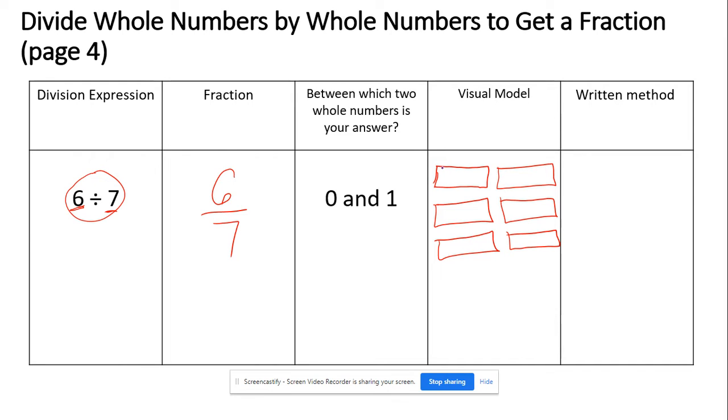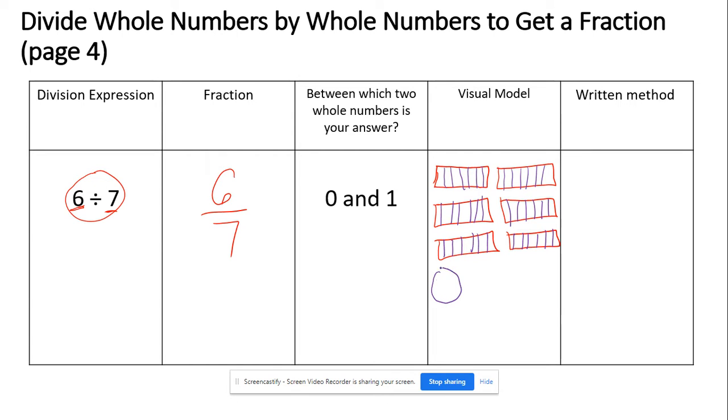So we can split each of these into 7 parts. And now one part, or each part, is going to go into one of the 7 groups.